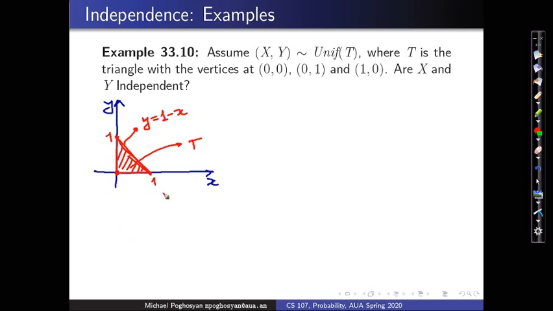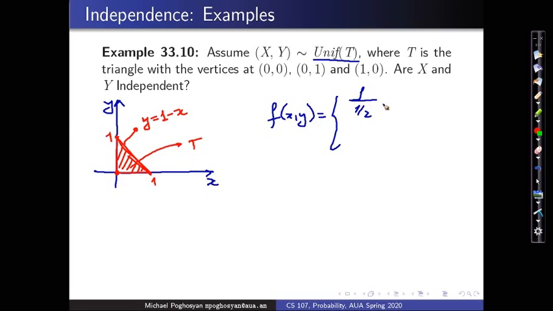Now first I am writing the joint PDF, because the distribution is given. The joint PDF is, by the definition of uniform, 1 over the area of T, and the area of T is 1 times 1 times 1 over 2, so 1 over 2.